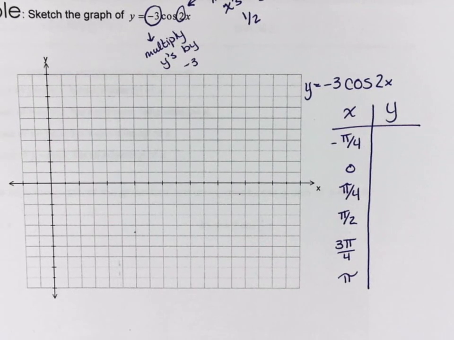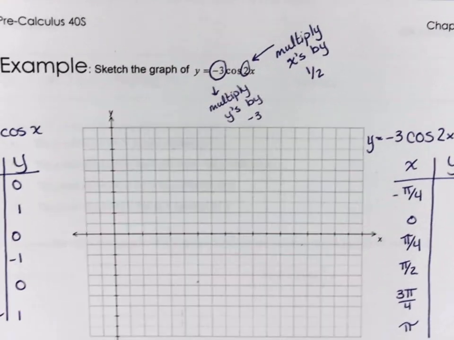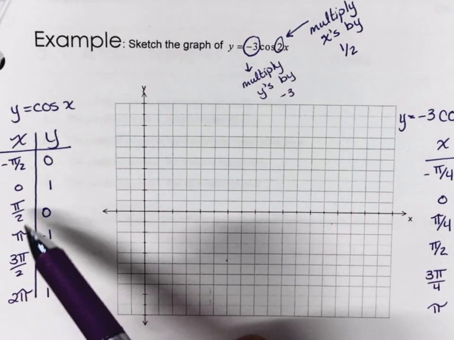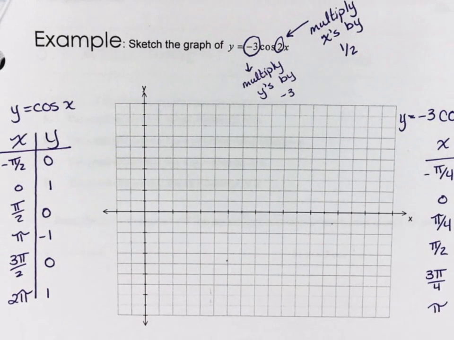Now I reduced fractions. So we multiply everything by a quarter? By 1/2. Okay. After 0, it's pi over 4, because I'm multiplying 1/2 by 1/2.